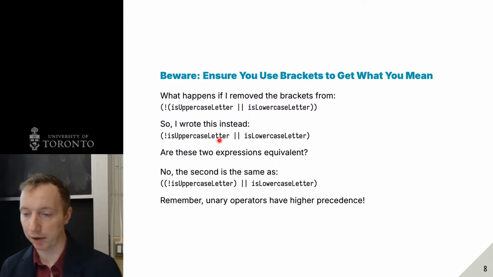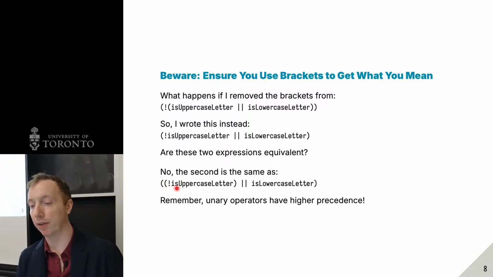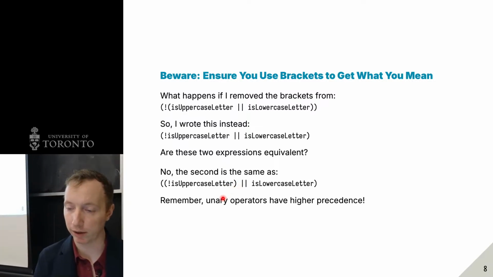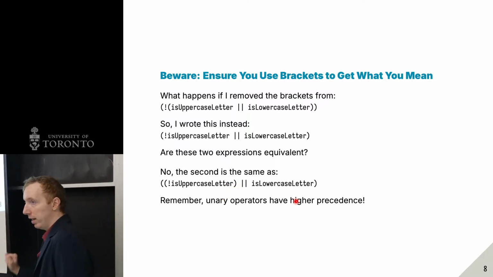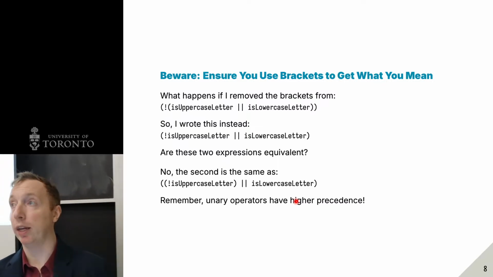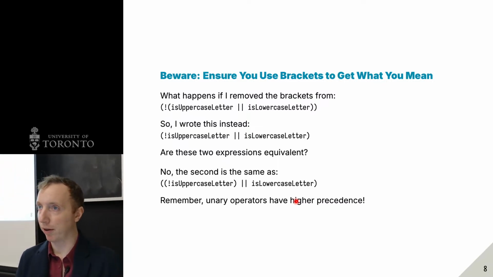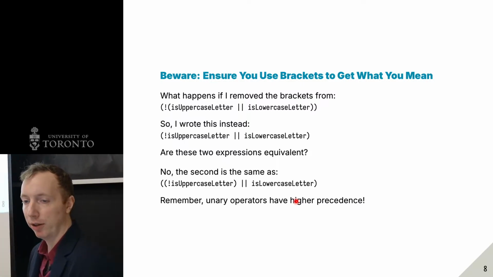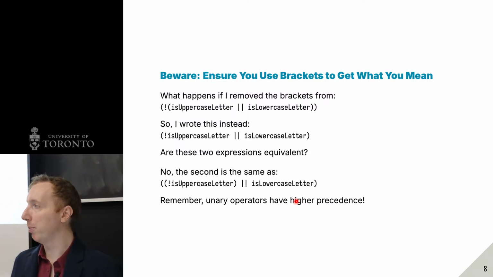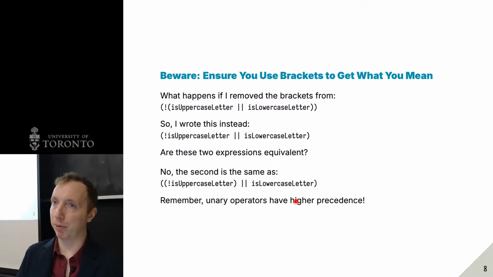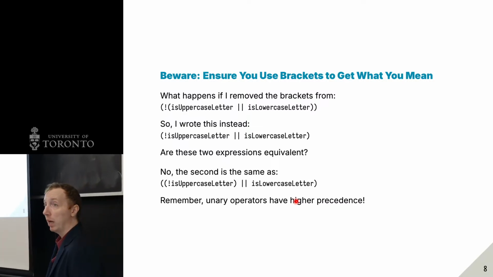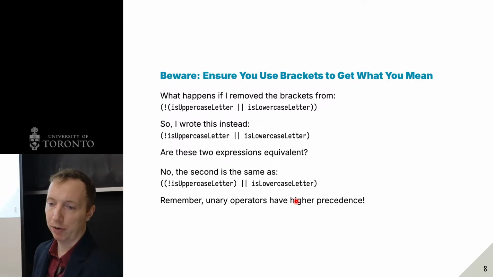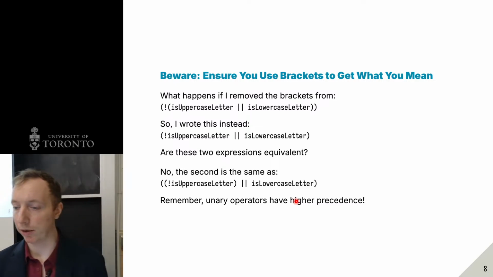So this will be evaluated as (not uppercase letter) or lowercase letter. You don't have to remember the relative precedence of everything. Just know unary operators have a higher precedence, binary operators are lower than that, and aside from that, you should probably use brackets just to make sure the compiler does what you mean and there's no surprises.